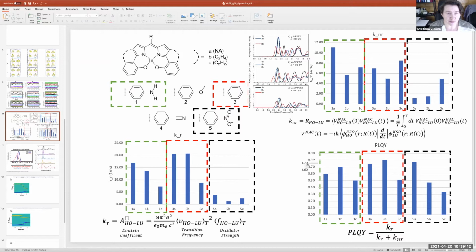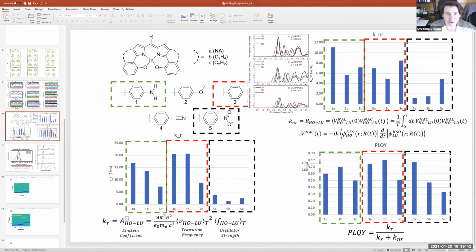But then due to the increased conjugation on the ligands, the emission was significantly reduced. And they explain it through the non-radiative processes. Of course, these are many experimental papers. They don't really do any computational part on that. So they try to explain it through increasing non-radiative rates. Again, if you're shifting more to the red, you have stronger coupling with phonons and so on.